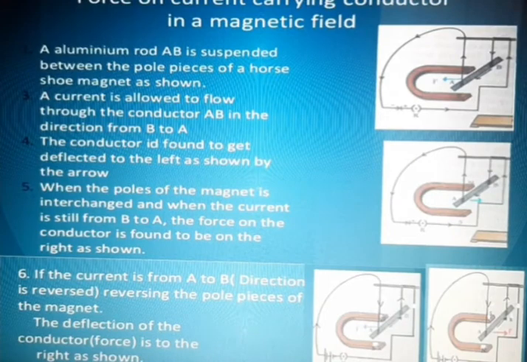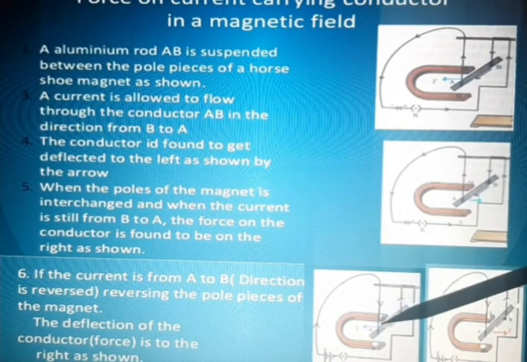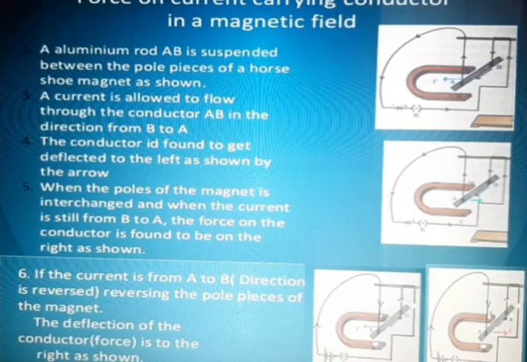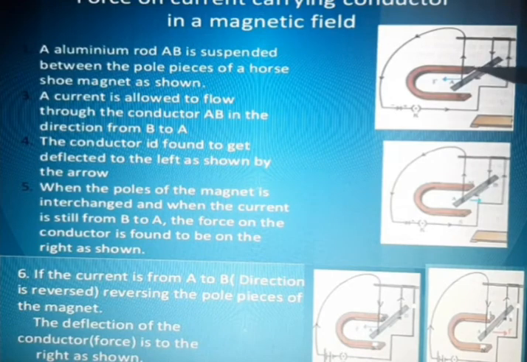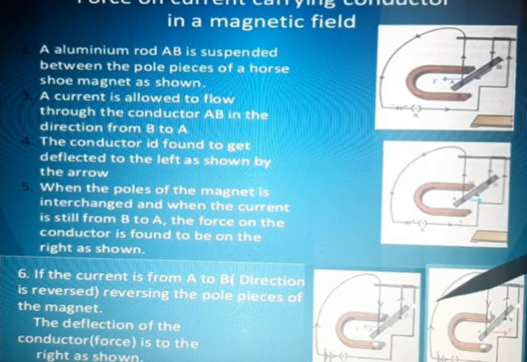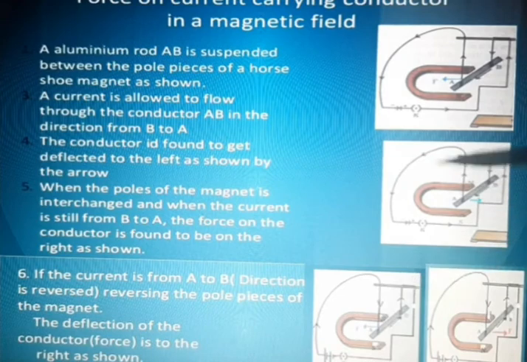We can increase or decrease the current, which will also increase or decrease the force acting on it respectively. We can change the polarity to change the direction of force. Similarly, we can change the poles of this magnet in order to change the direction of force. We can see the pictures of all the situations that can arise here.